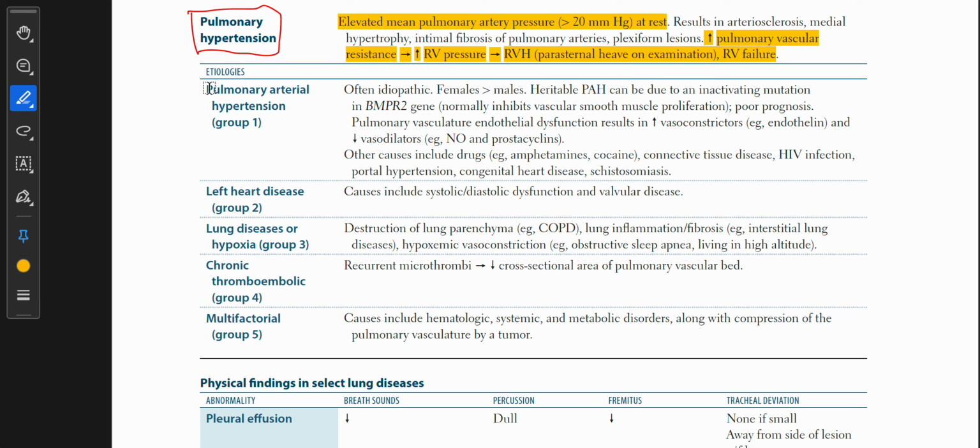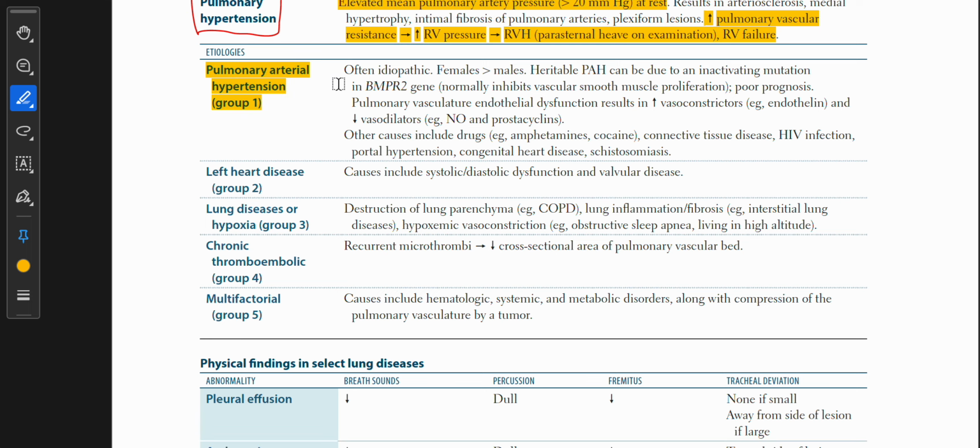And in etiologies of pulmonary hypertension, there is group 1, which is pulmonary arterial hypertension. It is often idiopathic, and it is more in females than males. This is the demography we have to remember, more in females than males. And heritable PAH can be due to an inactivating mutation of the BMPR2 gene. Which gene?